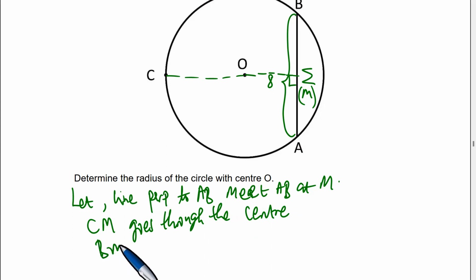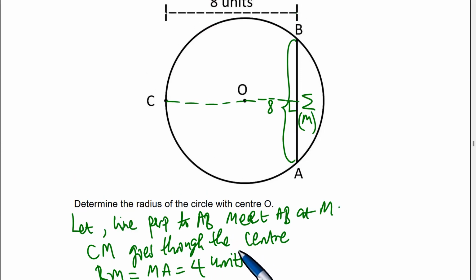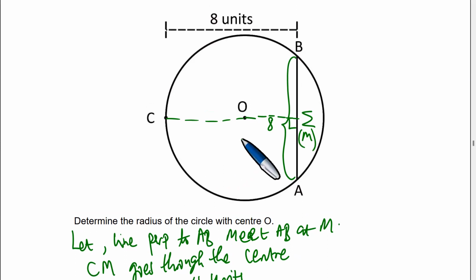BM is equal to MA is equal to 4 units. So this is 4 units, like so.